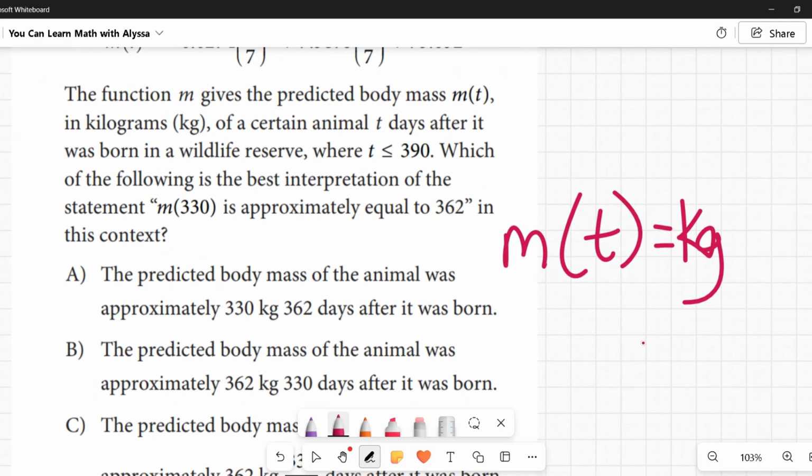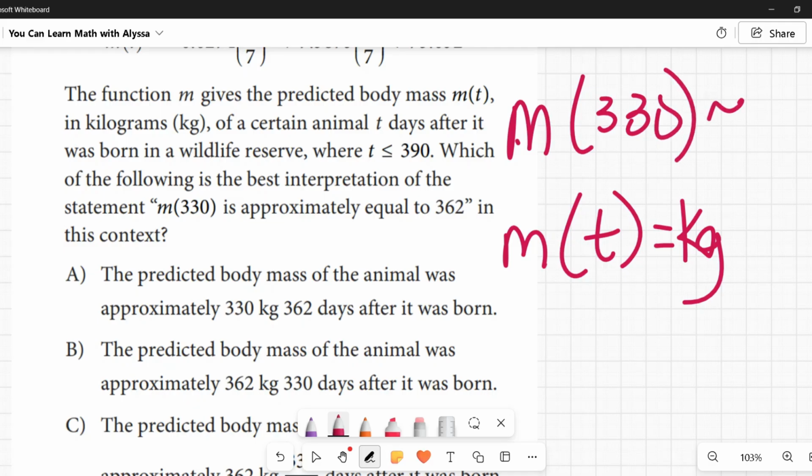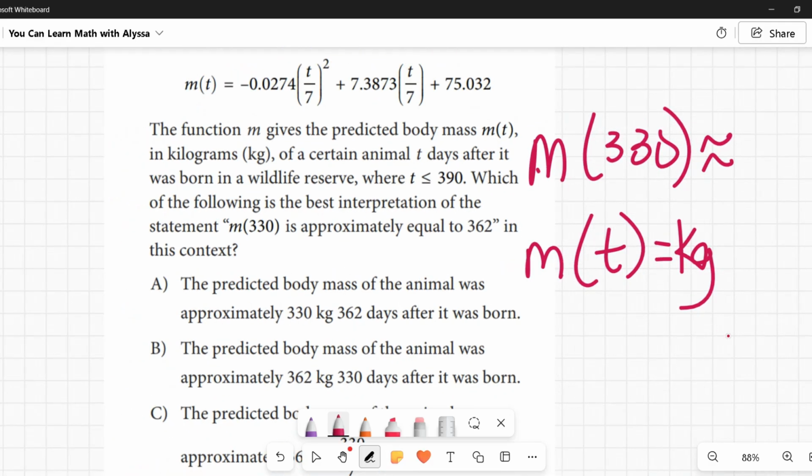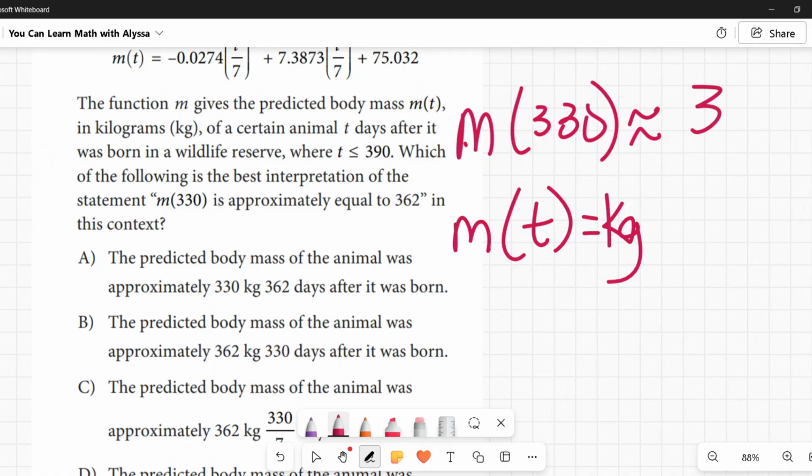All right. So what does m of 330 is approximately equal to 362 mean?